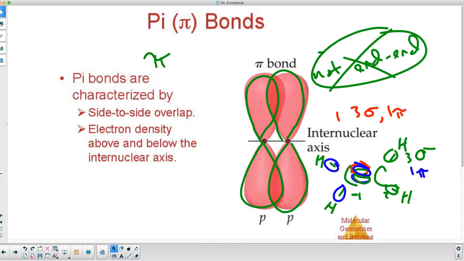If I have a triple bond, carbon has a triple bond like this, and a single bond here, and a single bond here. How many sigma bonds and how many pi bonds would I have? Well, that's easy, because a single bond like this would be a sigma.